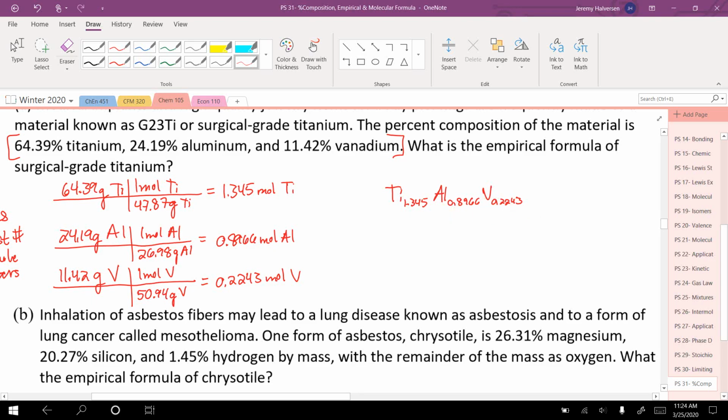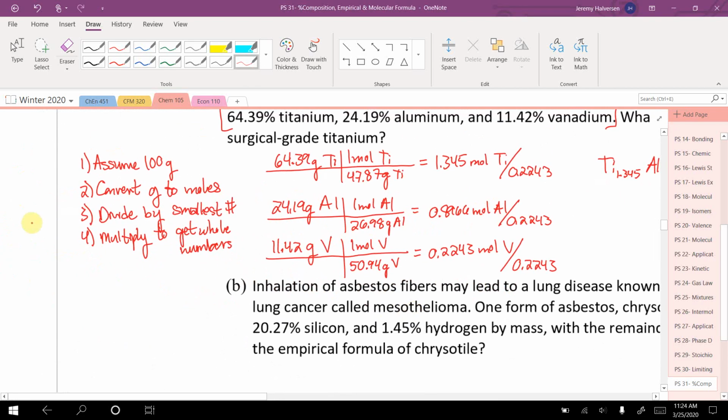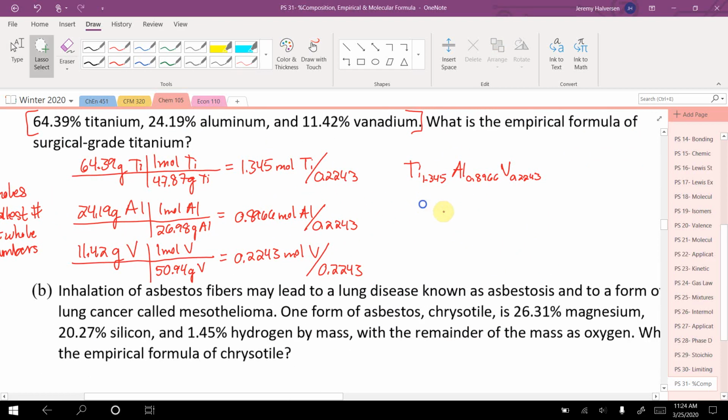The easiest way to make sure that we don't have anything less than 1 is just to divide by the smallest value that you have. So that's step 3, divide by the smallest number, so that in our amount of moles, the smallest that we get is 1.